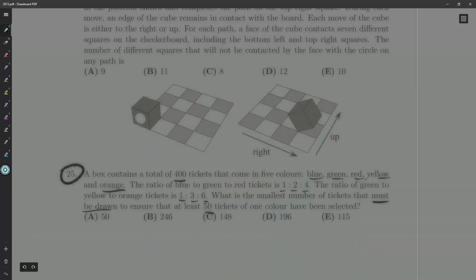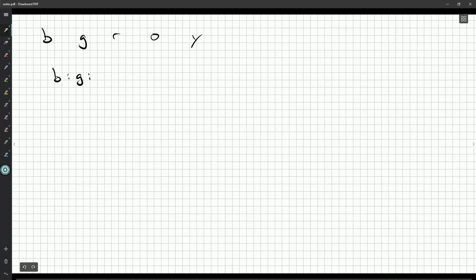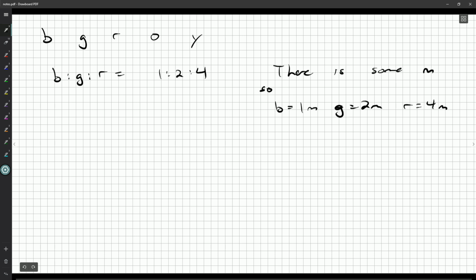Well, if we say B, G, R, O, and Y are the numbers of blue, green, red, orange, and yellow tickets, then when we say blue to green to red is 1 to 2 to 4, what we're really saying is there is some number m, so that B is 1 times m, G is 2 times m, and R is 4 times m. So that's what we're saying there.